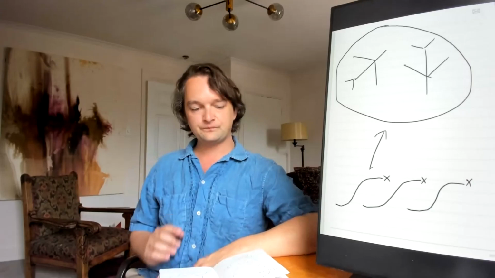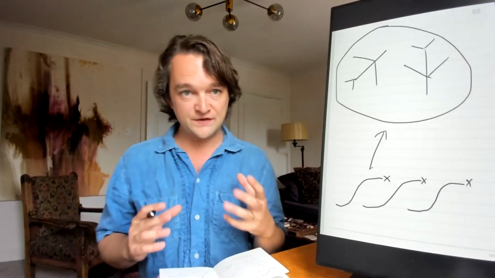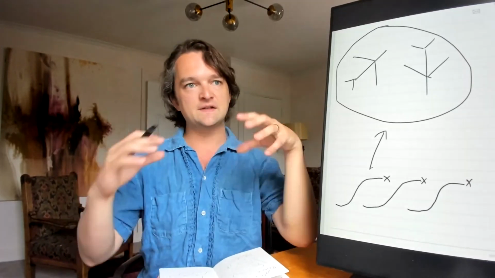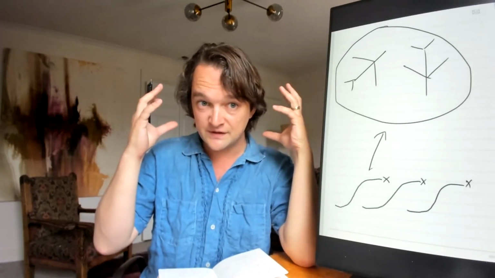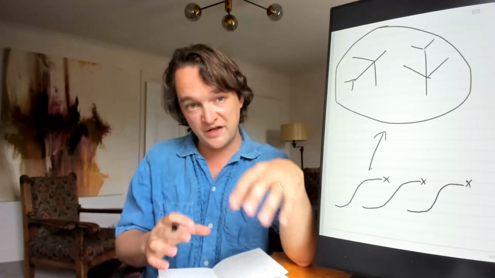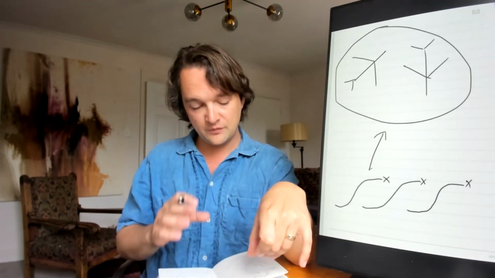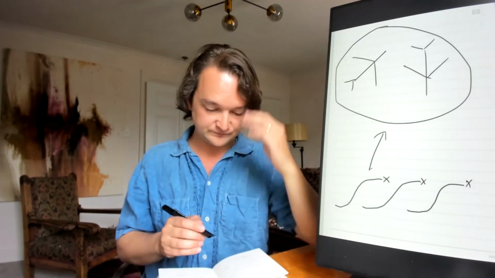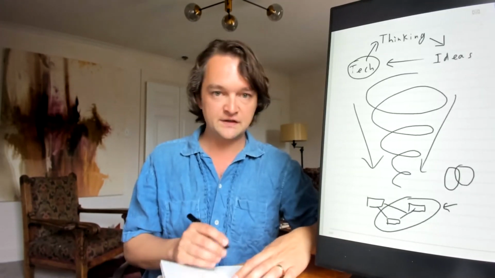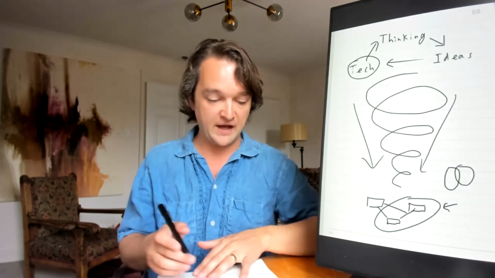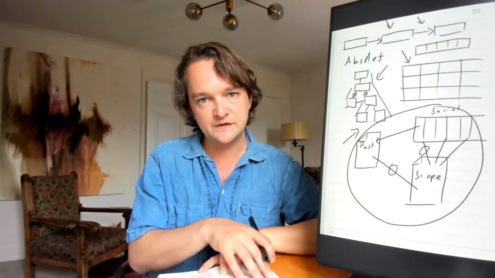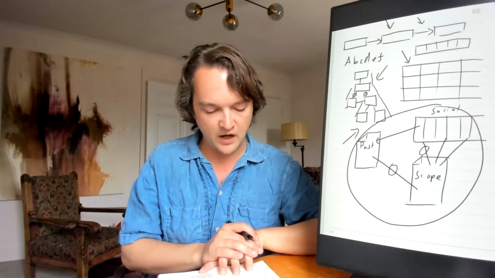But the reason why that happens isn't any inherent problem with the ideas or even the people. The problem is that our ideas look like this, but the only systems that we have to express these ideas look like this. They look like sequences, tables, and hierarchies.